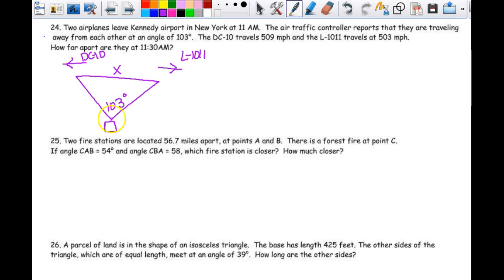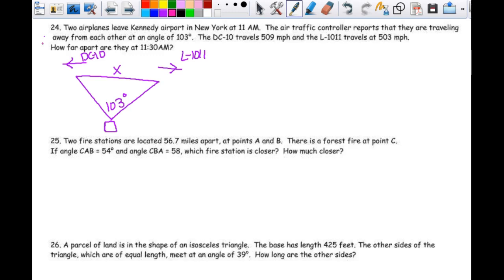So if we start with the DC-10 and we're looking at this one right here, it's been traveling for half an hour at 509 miles per hour. So you can set up a proportion. The numbers aren't crazy here, so I know you can kind of do it in your head and reason through it. But remember, if it is a rate, make it into a proportion every time. It makes it easy.